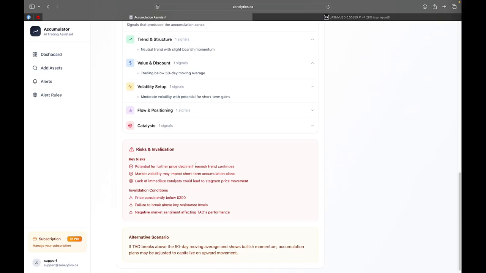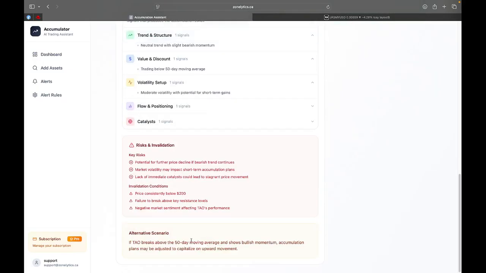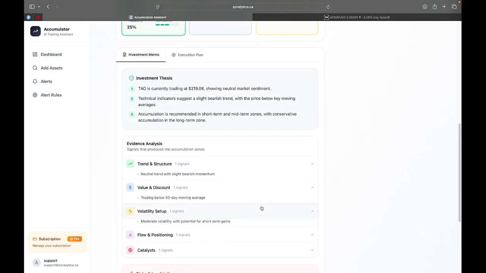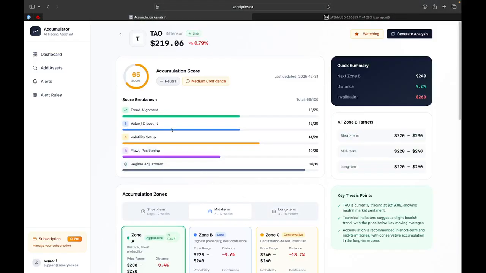Invalidation conditions and key risk. It's good to always read this after you read the evidence analysis. An alternative scenario: if Tau breaks above the 50-day moving average and shows bullish momentum, accumulation plan may be adjusted to capitalize on upward movement. Who doesn't like some more gains, right?